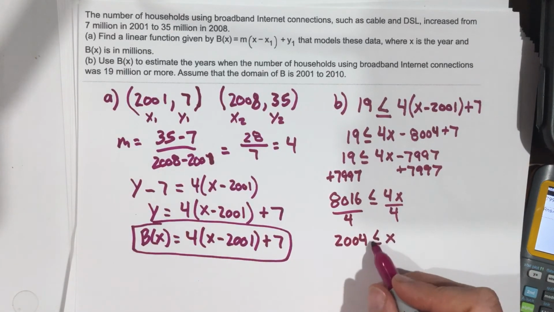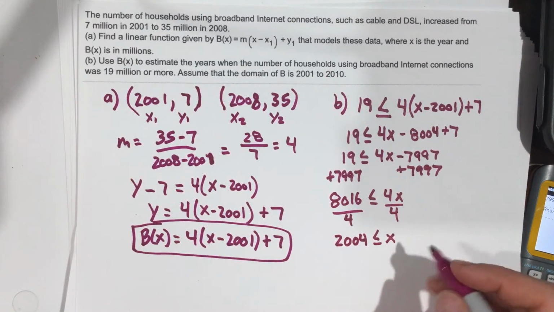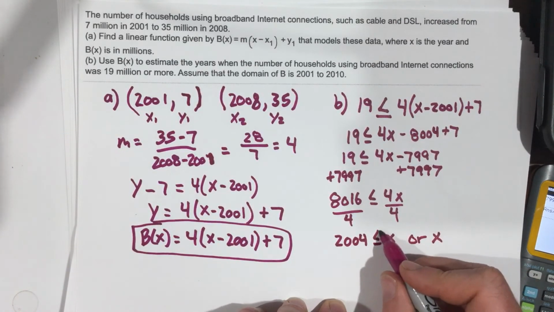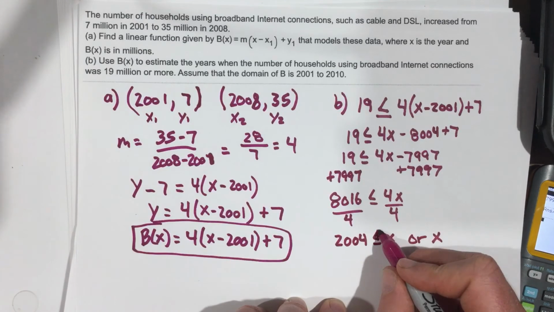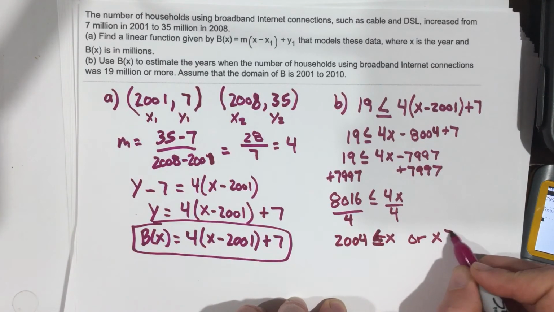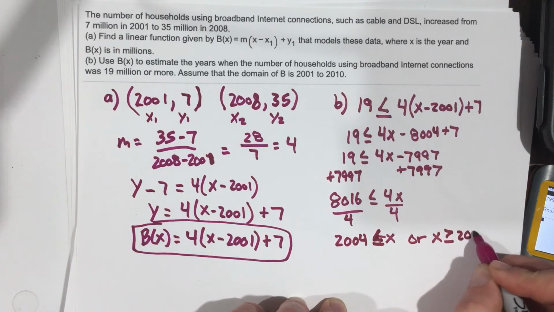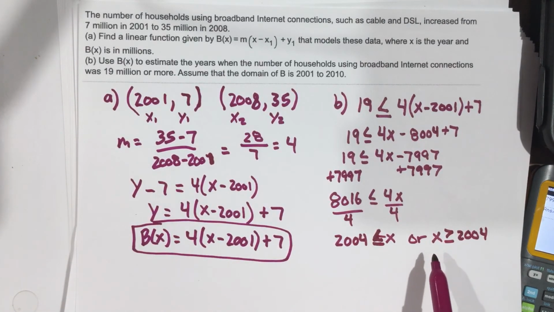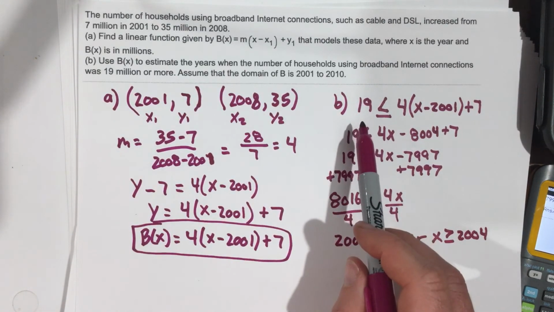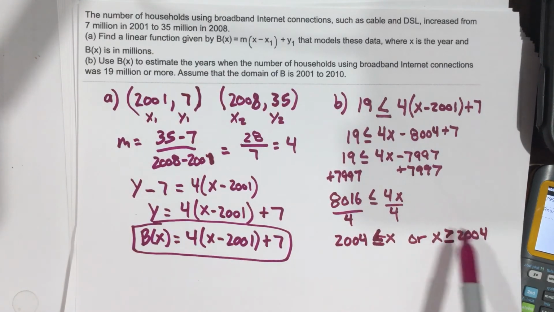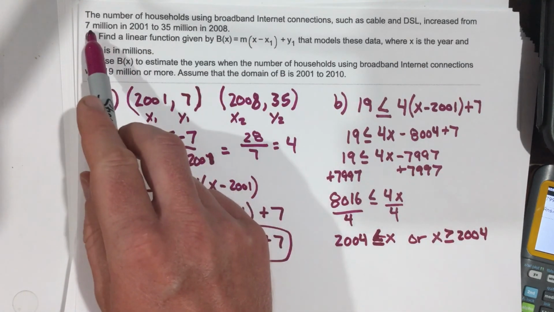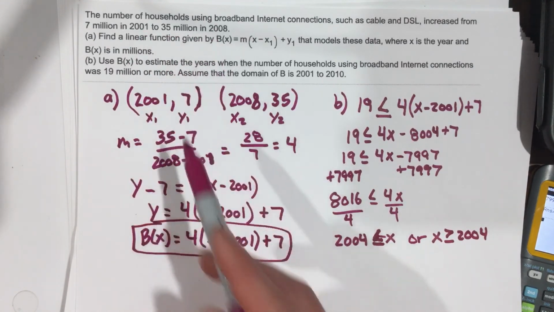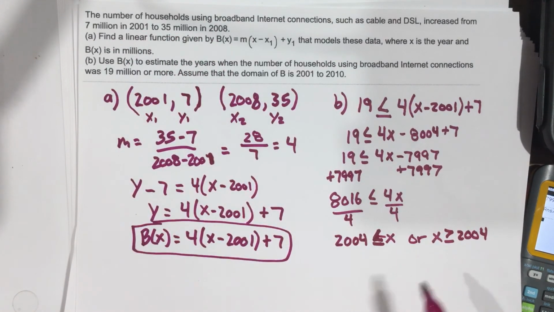So x has to be greater than or equal to 2004. We're going to rewrite this so the inequality sign is facing the right way. So greater than or equal to 2004. So it says that we're above 19 million in broadband connections after the year 2004, which makes sense because 7 million was in 2001, 35 million in 2008, so 19 is kind of in the middle.